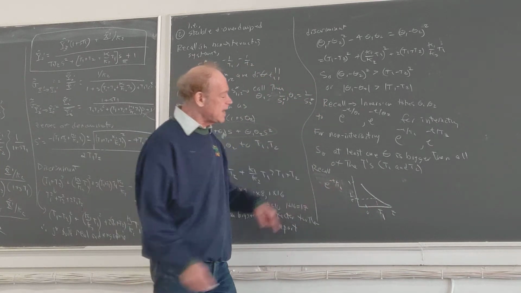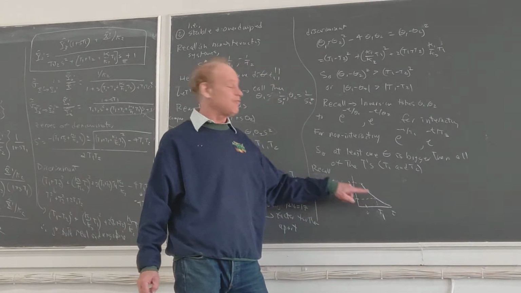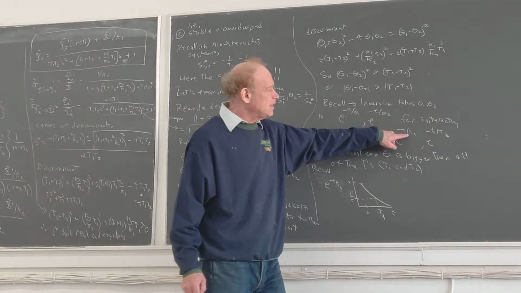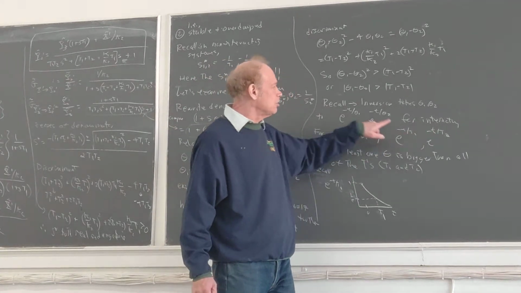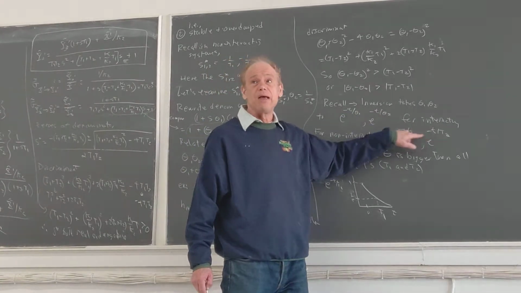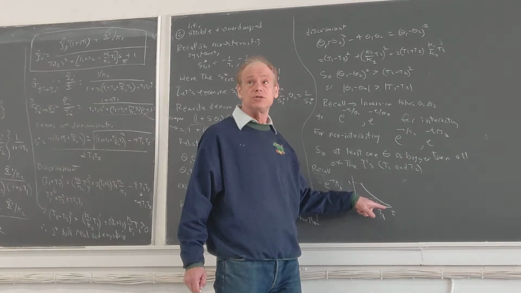T1 is the time it takes for this to decay to 1 over e of its initial value. So if these numbers are smaller than, say, theta 2, that says that these decay pretty quickly in 1 over T1 and 1 over T2.